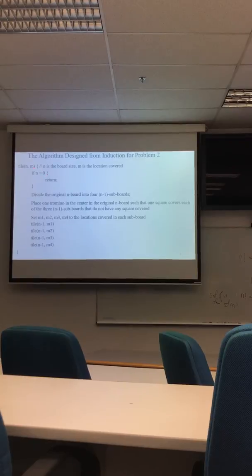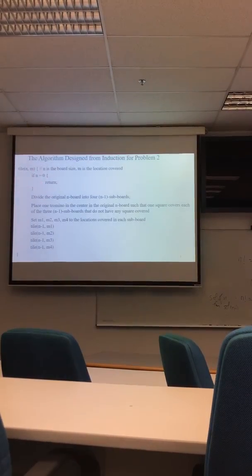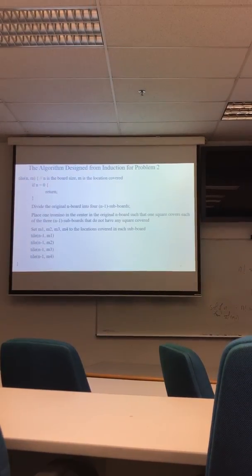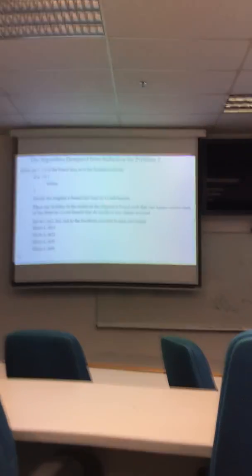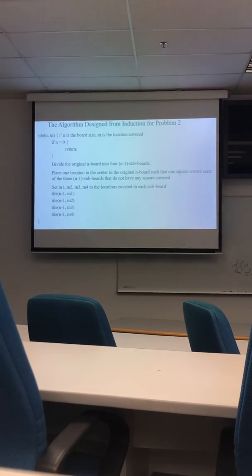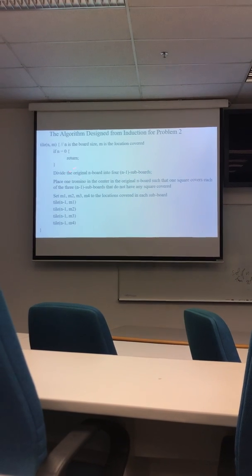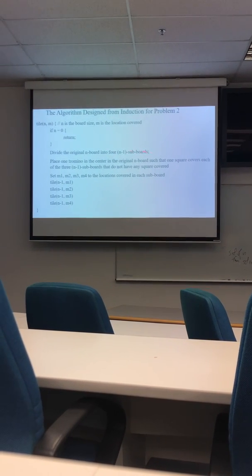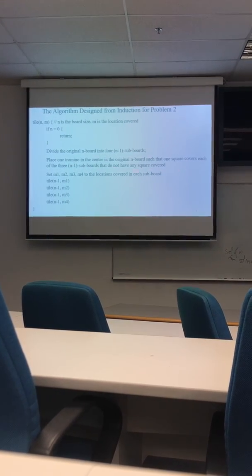induction process. If the board is size 0, we don't need to do anything. A 2^0 by 2^0 board means only one square, which is already covered, so nothing to be done. If not, then we divide the original board into 4 subboards of size n minus 1, and we put the tile right in the center.